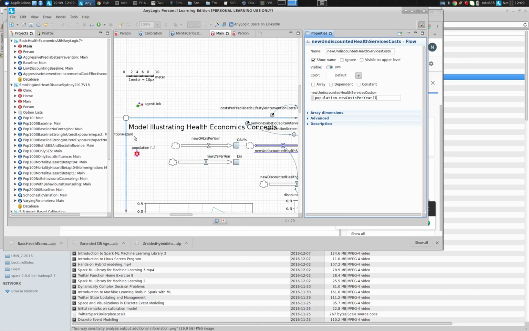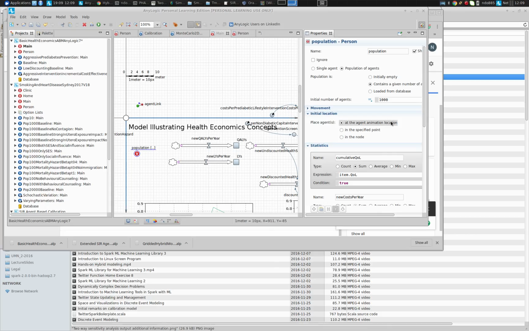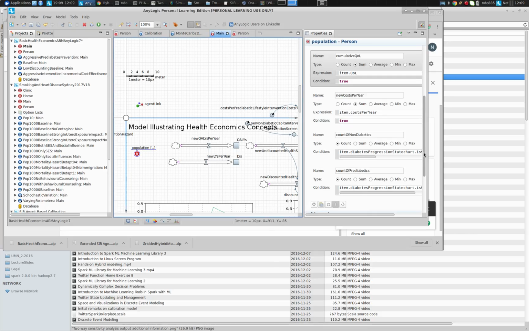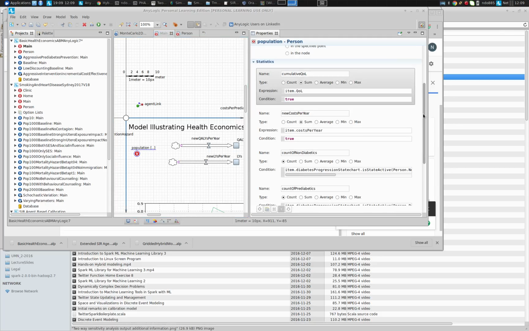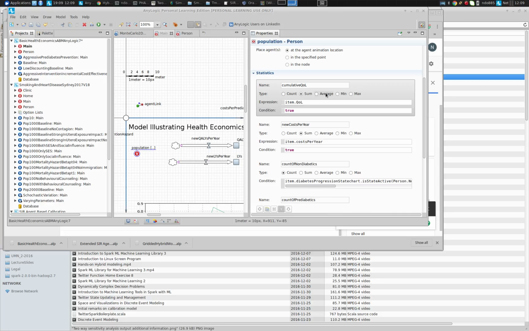It's the statistic we were just looking at. True or not? True. Okay. So we have cost per year. Now, we do a similar thing for quality of life, it turns out.